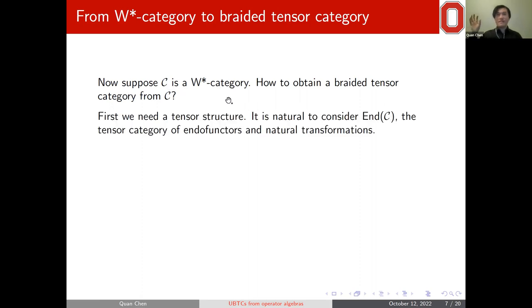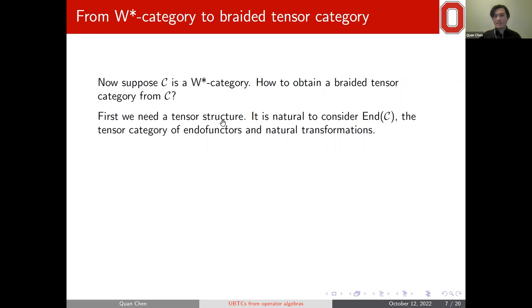Remember, this is just a category with an extra condition on your hom spaces, so you don't change that much. For example, the things I listed for unitary tensor categories are all W star categories. But here we don't equip it with a tensor structure.